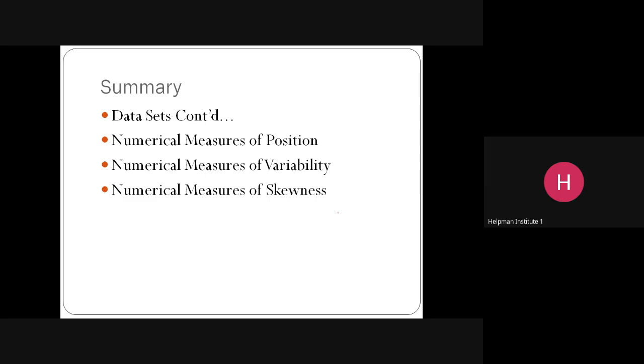The panel data, just like I explained, when we have data that has the characteristics of cross-sectional data and that of time series data, we call them panel data.